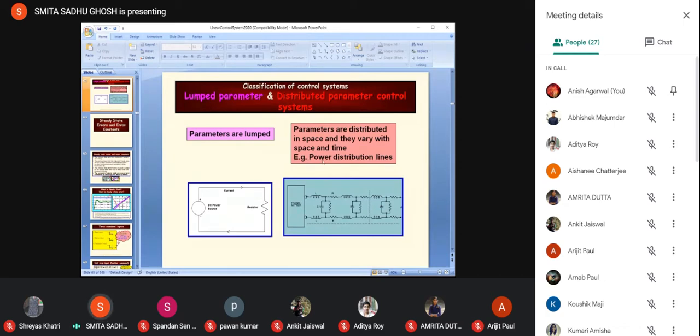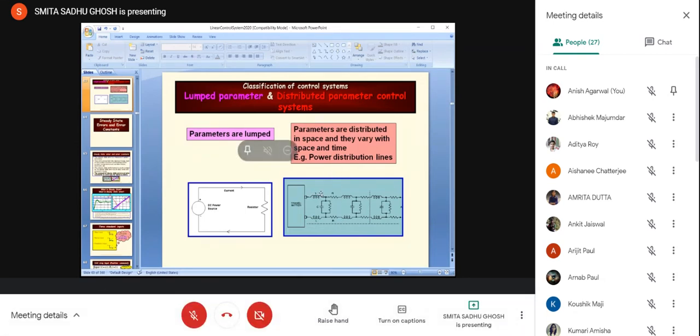On the other hand, you are familiar with the system, or something similar to that, I've drawn on the right hand side, which denotes power distribution lines where the resistance or the inductance or the capacitance cannot be considered as concentrated at particular points in space, but have to be considered as distributed parameters.